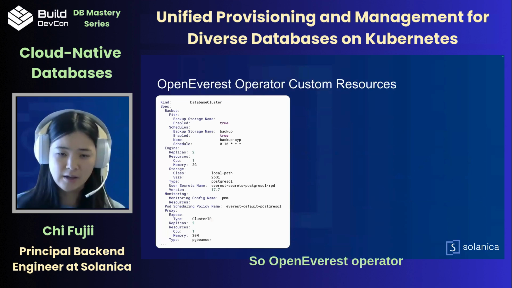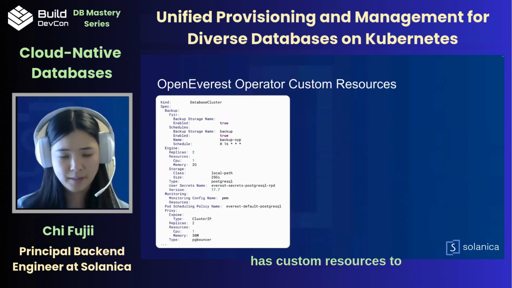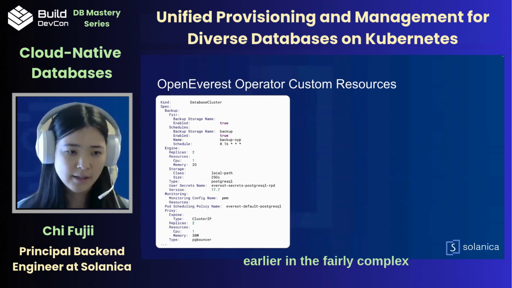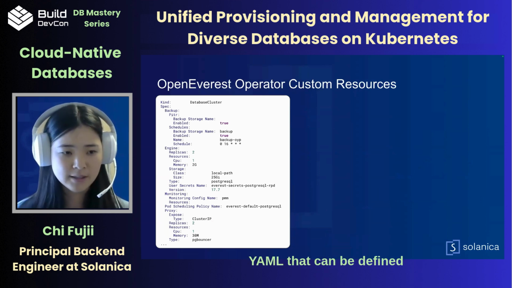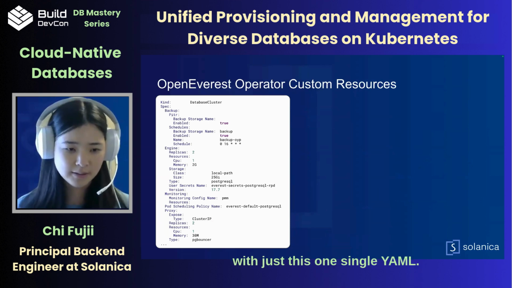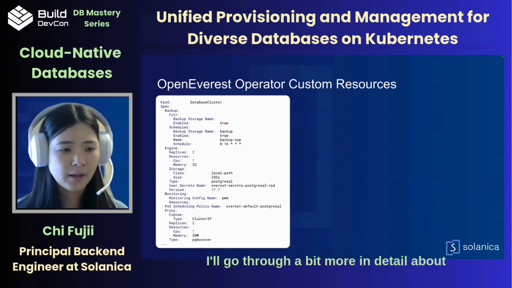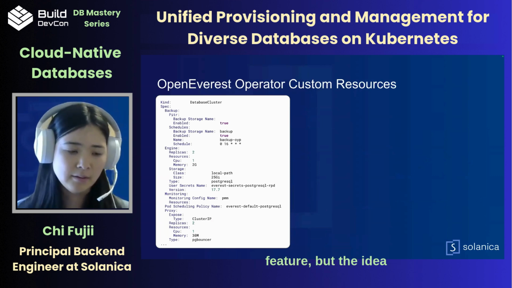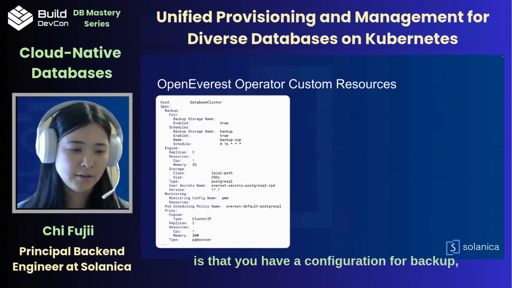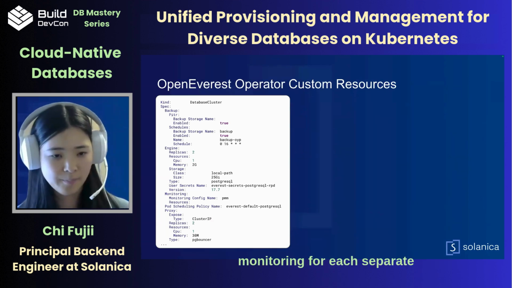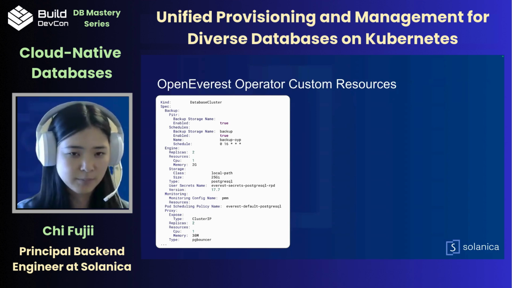So the OpenEverest operator has custom resources to define what we saw earlier in the fairly complex YAML that can be defined with just this one single YAML. I'll go through a bit more in detail about what it configures for each feature, but the idea is that you have a configuration for backup, engine, monitoring, for each separate feature.